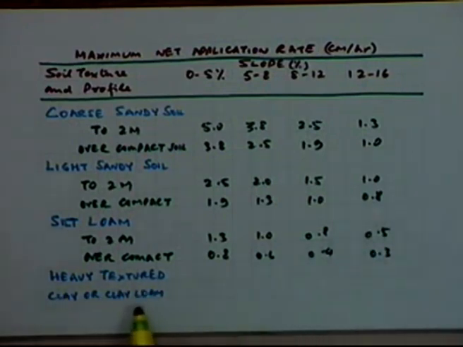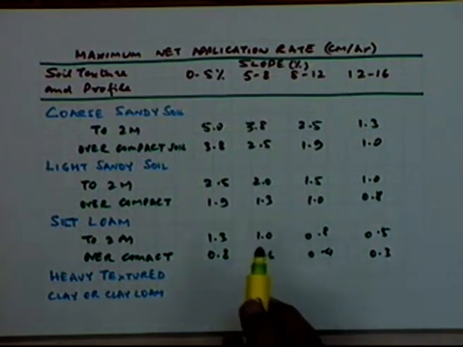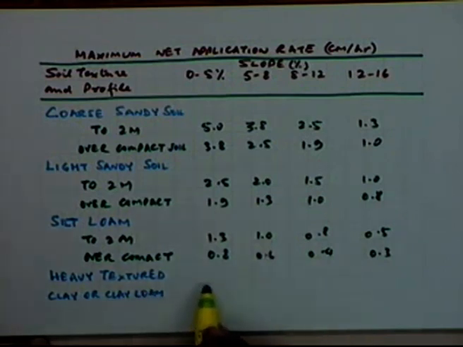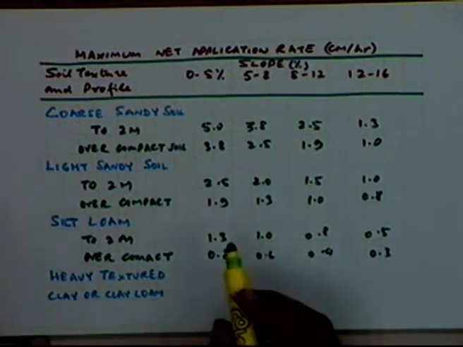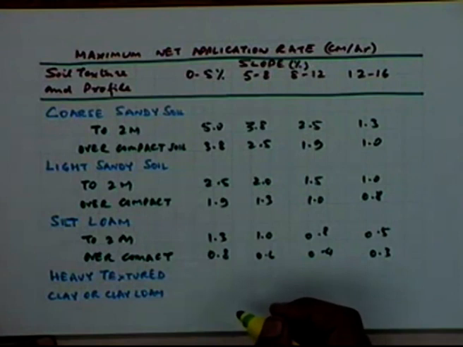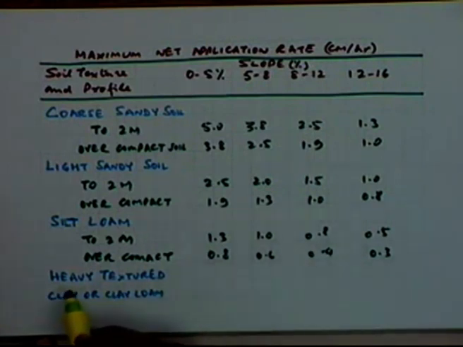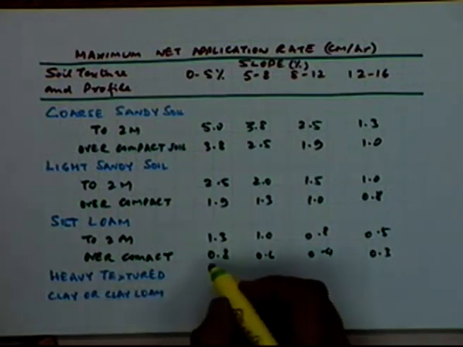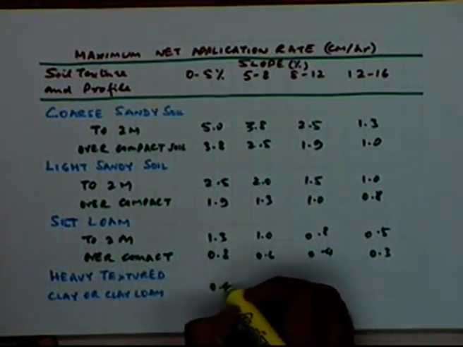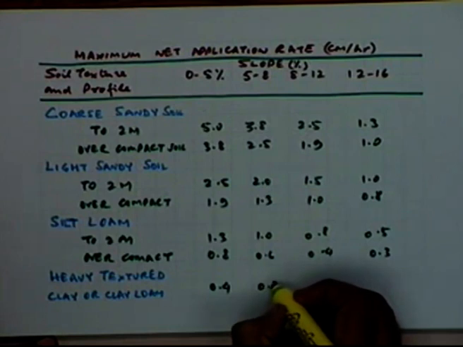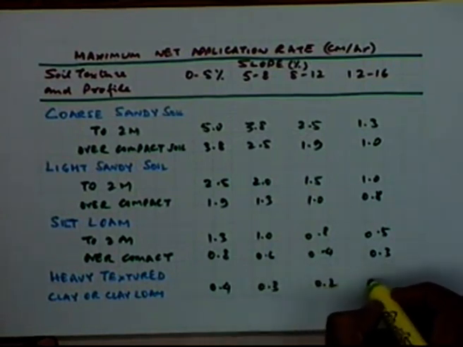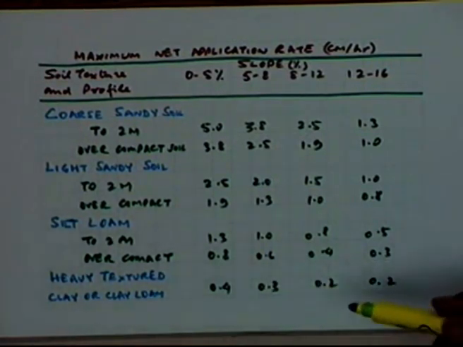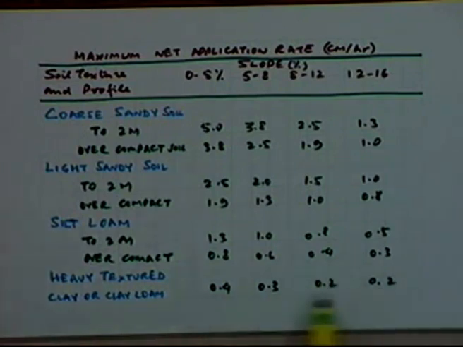In the case of heavy textured clay or clay loams, the profile of the soil doesn't make much of a difference. So there is only a single case because it is not very much affected by the profile. The soil texture itself is the more influencing factor, and as such the rate of application is very small.